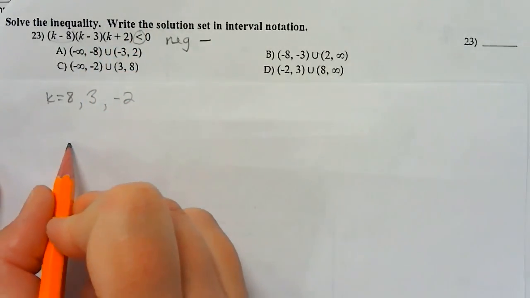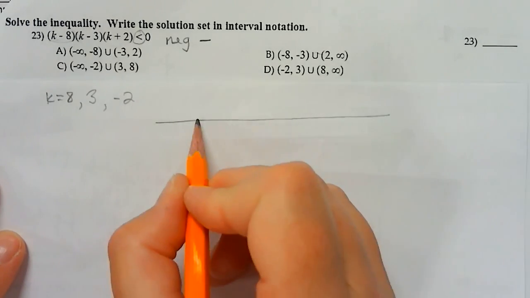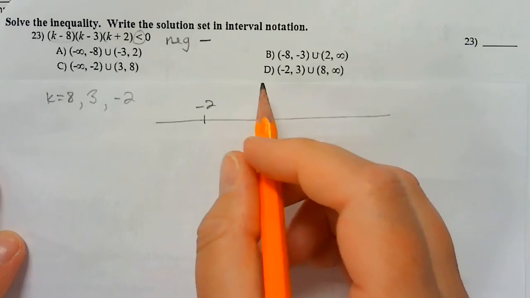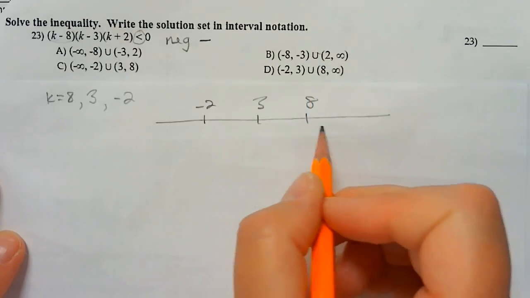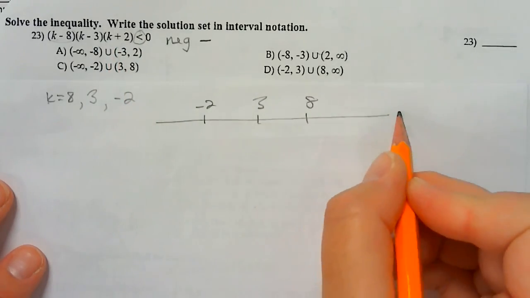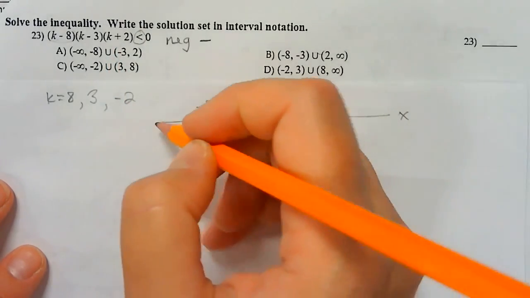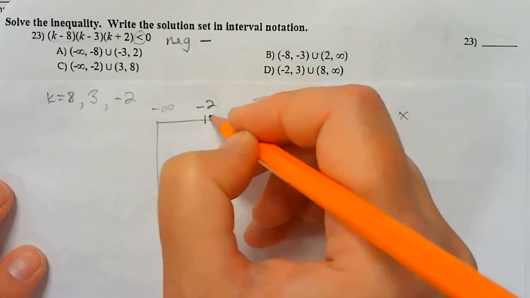Now I put those along my number line. And in order, I have -2 here. I have then 3, and then 8 is over here. So they're kind of out of order in the given setup, but I need to put them along my x-axis here. Now my regions are from -infinity to -2, right?